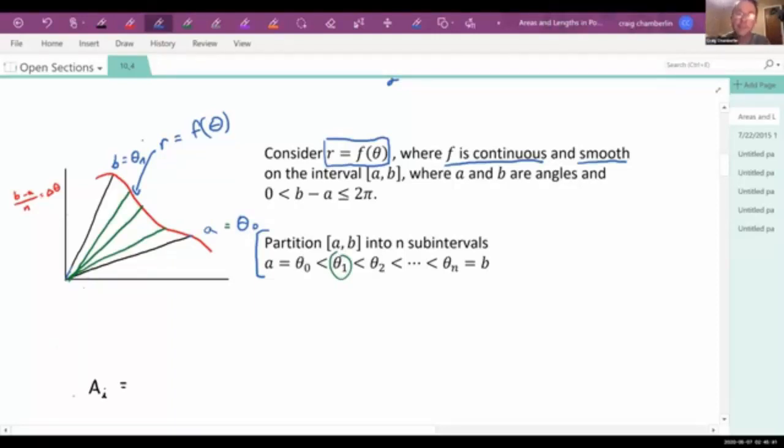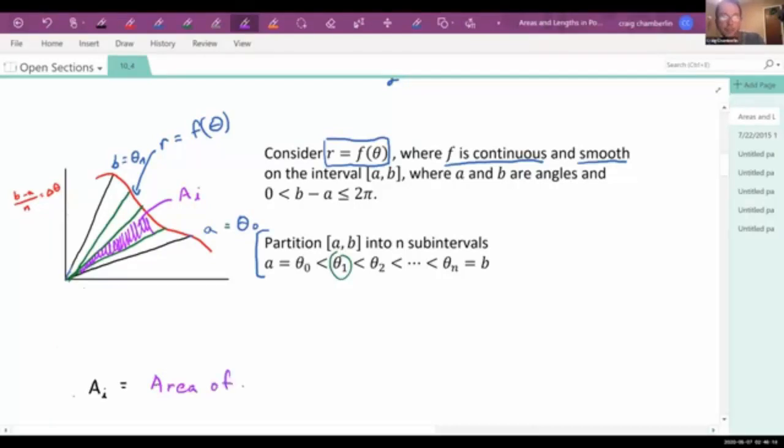Okay. So again, this is going to be analogous to how we created the integral in rectangular coordinates. So what I want then is an estimate of the area of, let's say, the ith almost sector. So let's pretend it's not the second sector. Let's pretend it's the ith sector. So we want A sub i, the area of the ith sector.